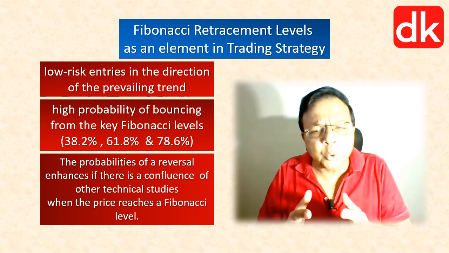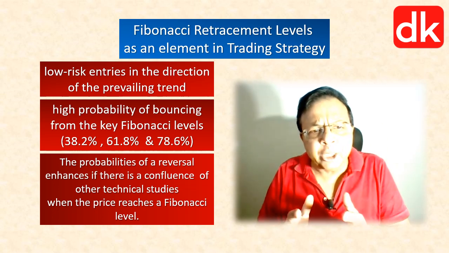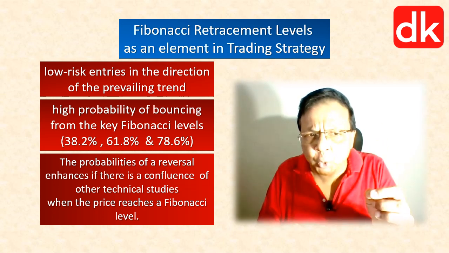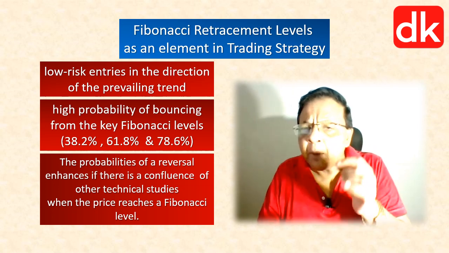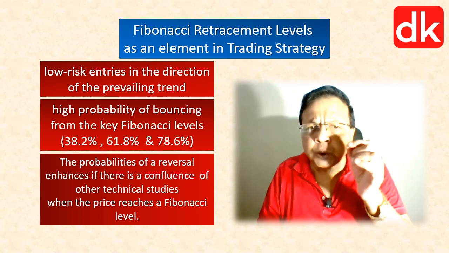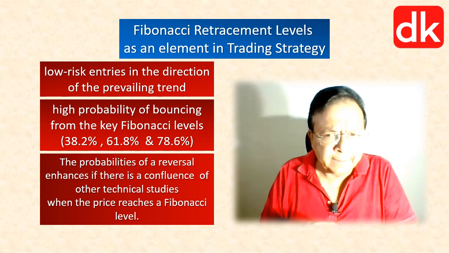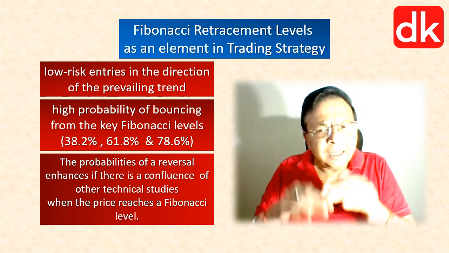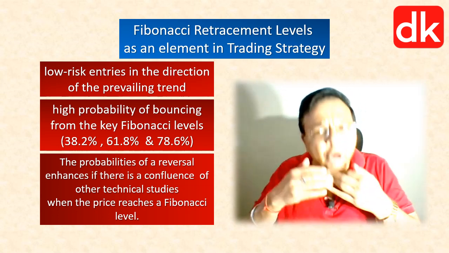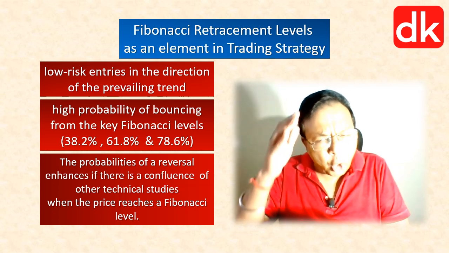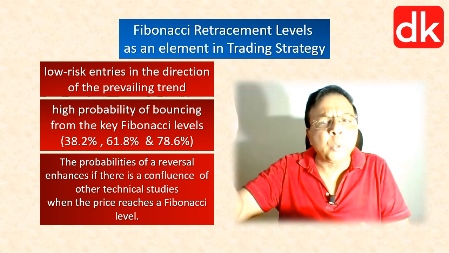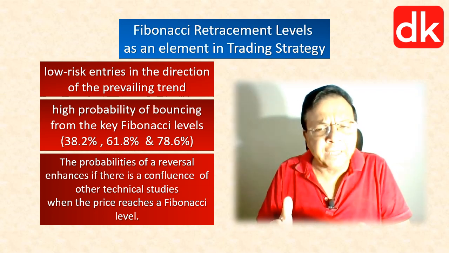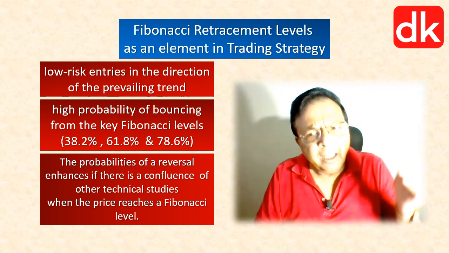And what I'm trying to say is the correction is likely to halt at 38.2%, 61.8%, or a still deeper correction might take the price to 78.6%. And the probability of such a correction getting halted there and the price bouncing towards the original direction of the prevailing trend.